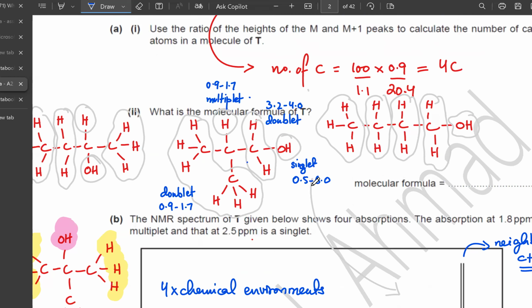The question is, explain which type of proton is responsible for each of the absorptions. That's it. So you've already drawn this molecule. He drew the structure earlier, right? This one. And then he's asking for which one is responsible for which thing. Is that clear?